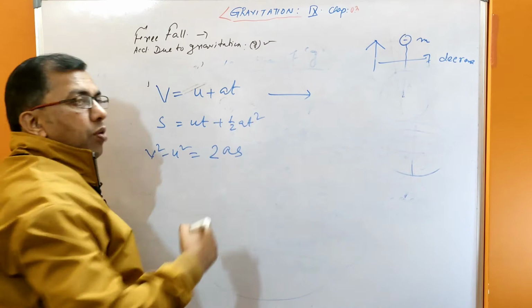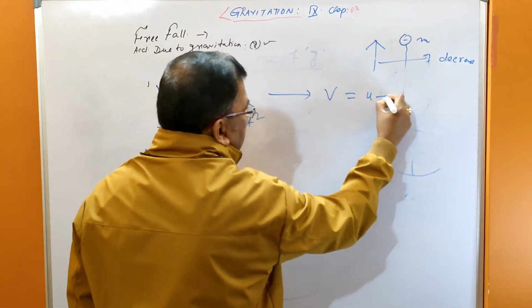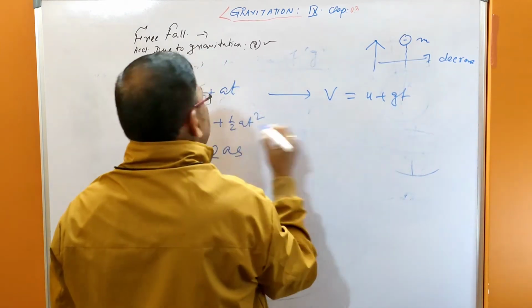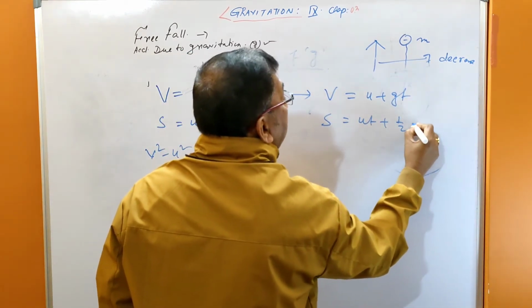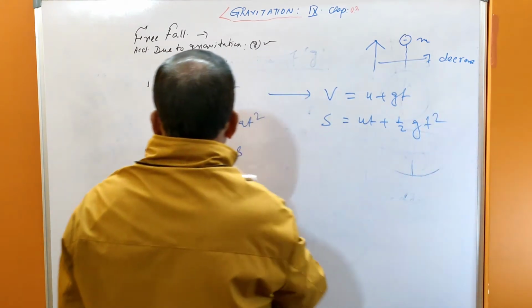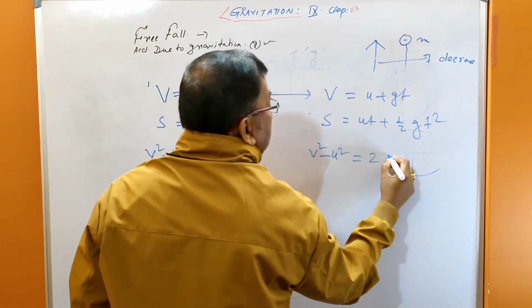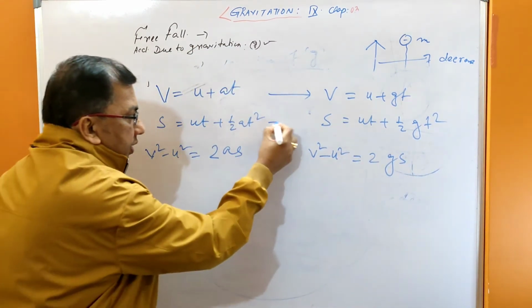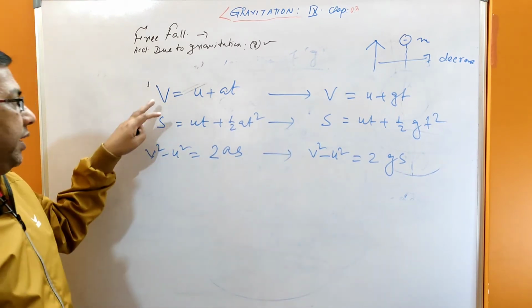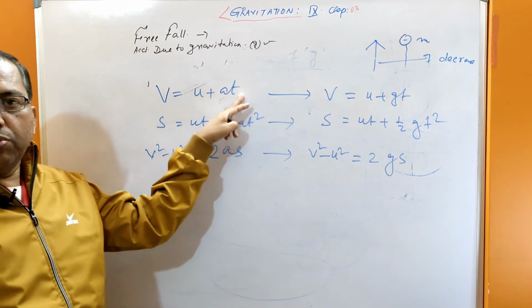Just A will be changed. In this case, V equals U plus GT. S equals UT plus half GT square, and V square minus U square equals twice GS. Clear? Nothing else. Here we have final velocity, initial velocity, acceleration, and time.